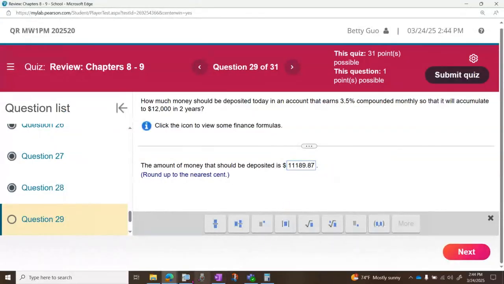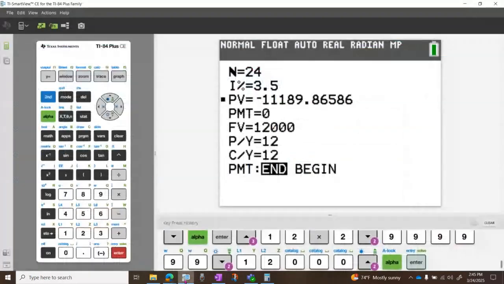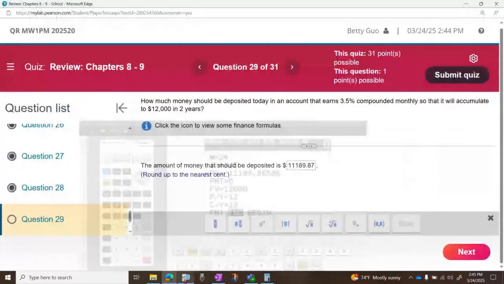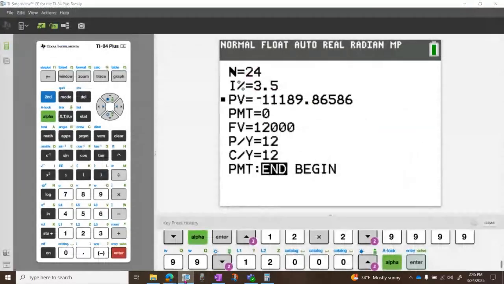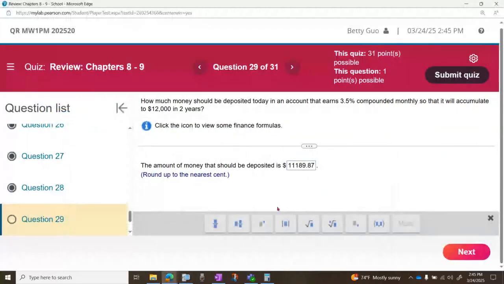Double check again. $11,189.87. Okay, looks good. So that's the future value. No, that's the present value. My bad. This is the present value. You should deposit this much in order to have 12 grand in 2 years, right?